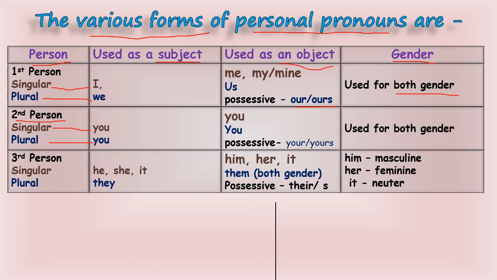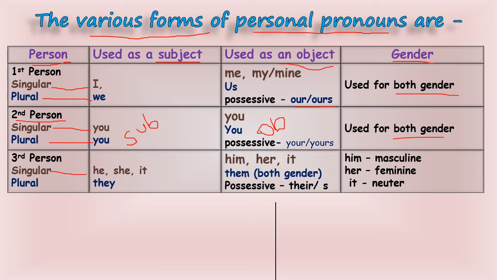As a subject also we use you, and as an object also we use only you. This is clear, and here you is an object. We use it for both the genders. This is clear, children?